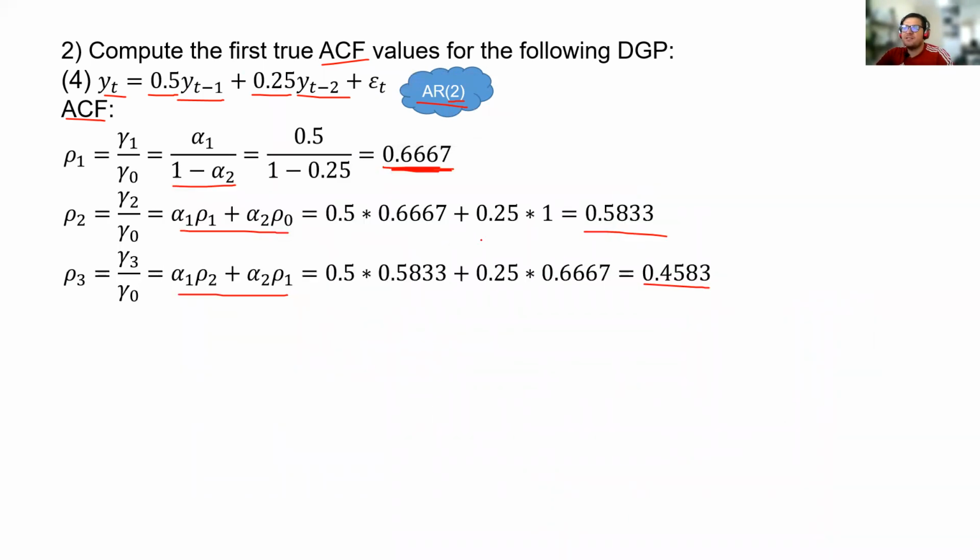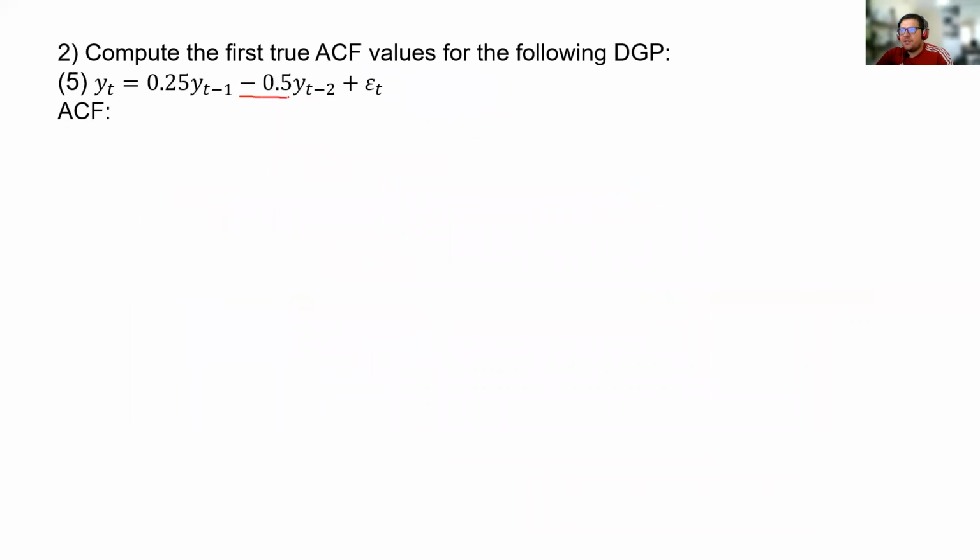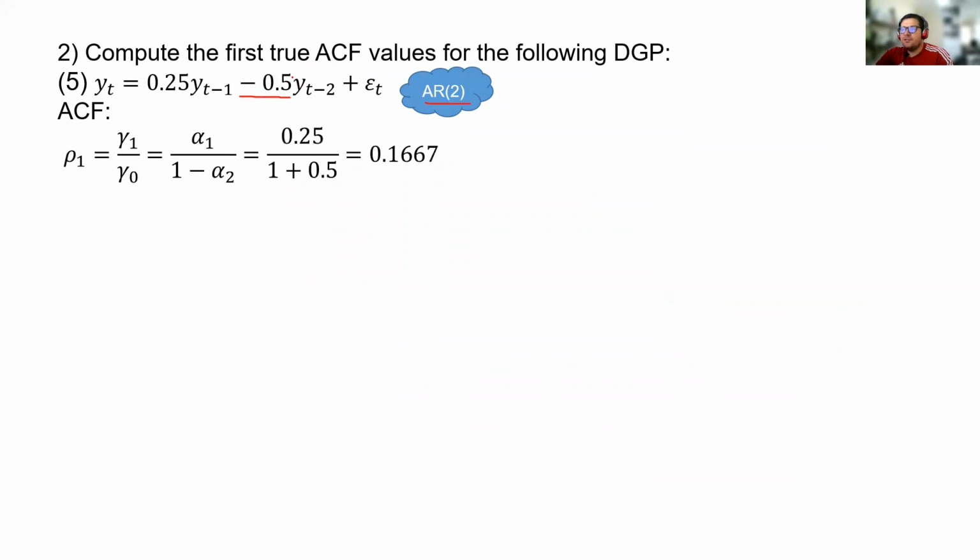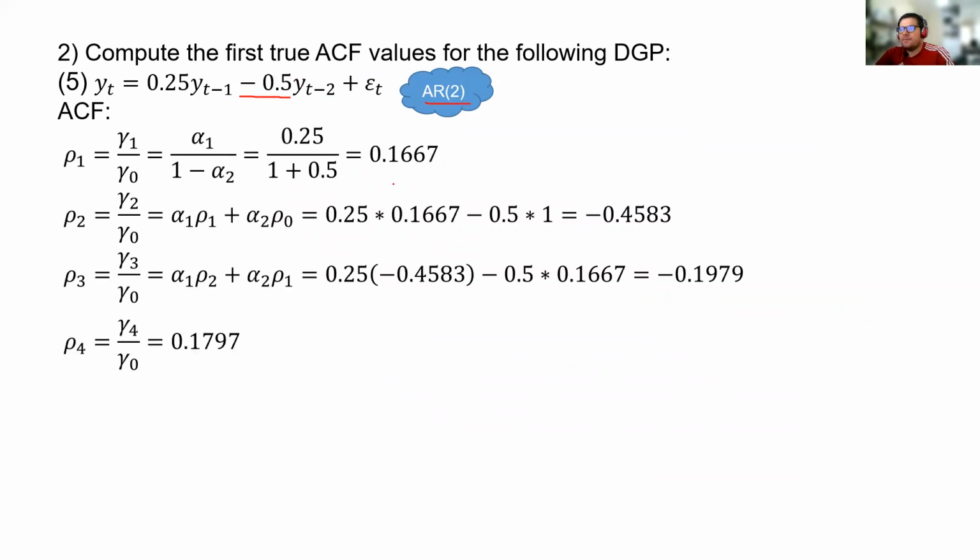Because our next example happens when one of the coefficients of an AR2 model is negative. So we notice that, again, this is worked on my own, so don't worry about this, but it starts at 0.17, then it goes to negative 0.46, then negative 0.20, and then positive 0.18.